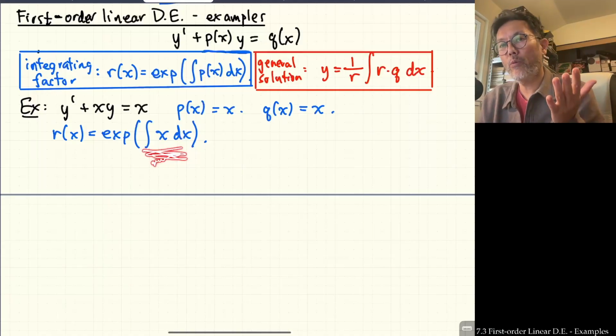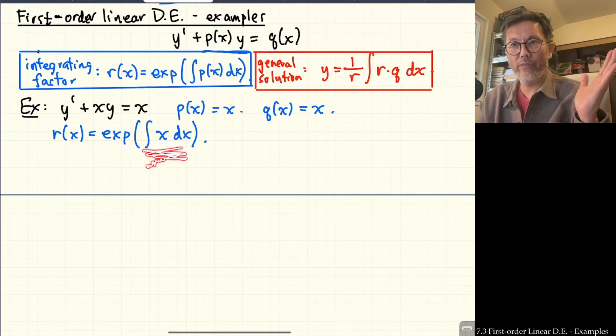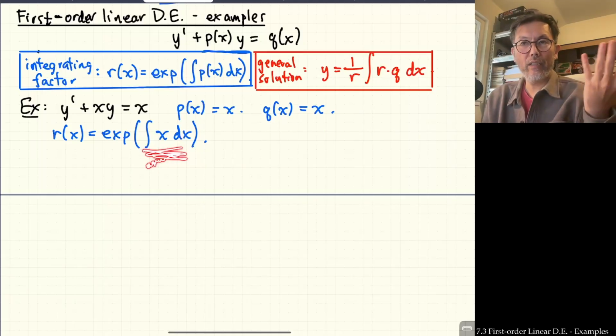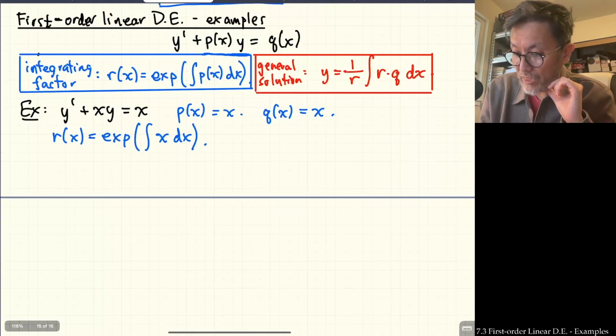Rather, this is referring to a particular antiderivative, any particular antiderivative. In other words, we can take any antiderivative of x that we want here. So I'll go ahead and take the simplest one, 1/2 x squared. And note that I'm not writing plus c.